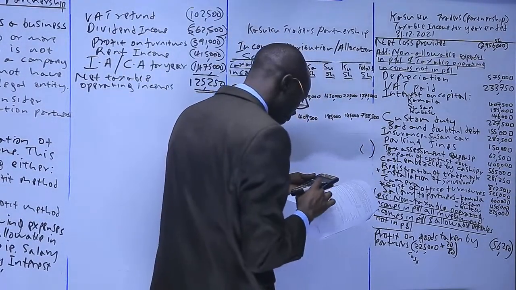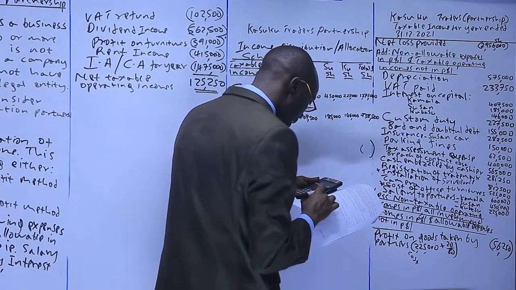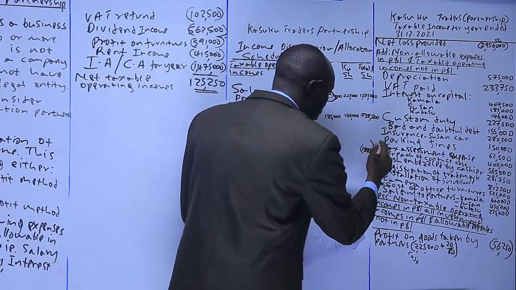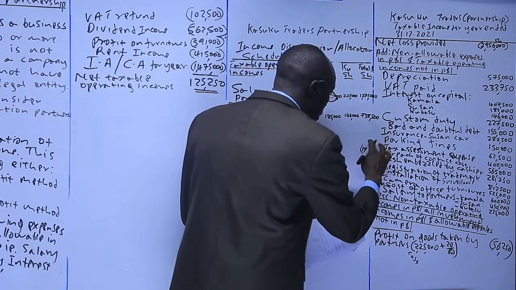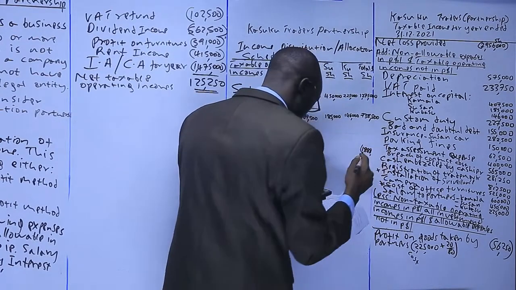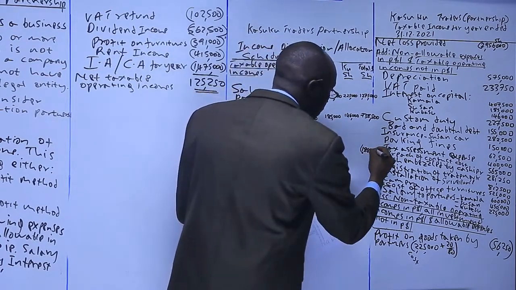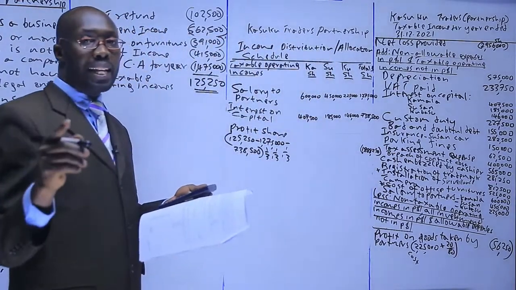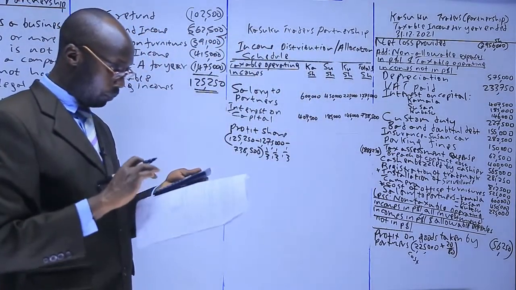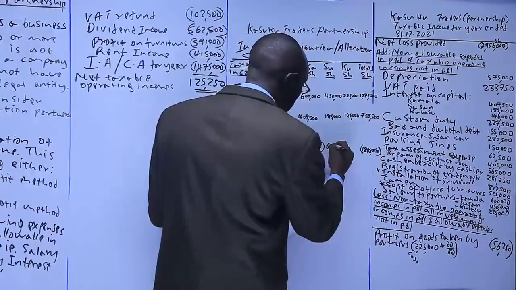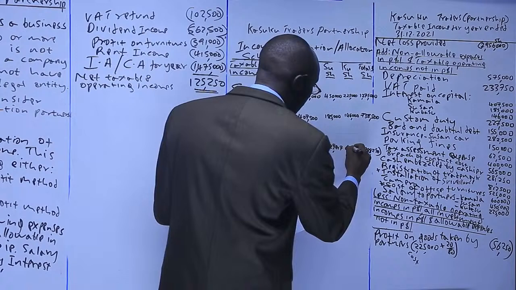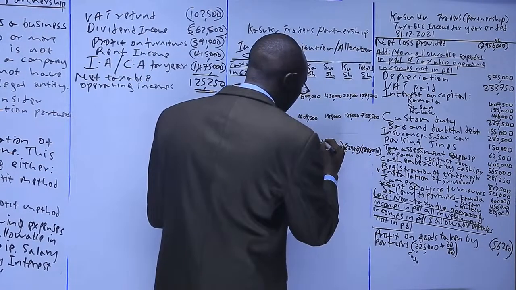We have negative 1,888,250. Now each is supposed to get a third, so you divide by 3, because it's for each, and the other one is 629,417. All of them, remember, are negative.